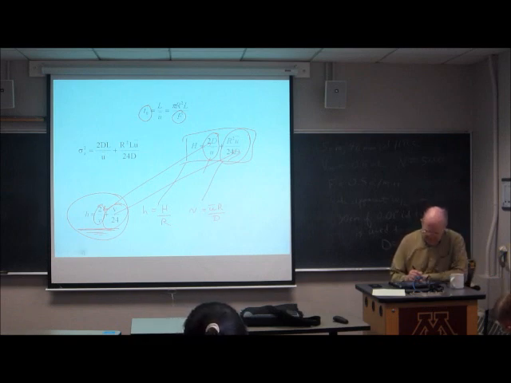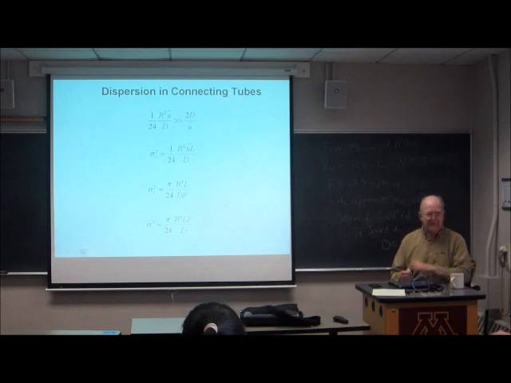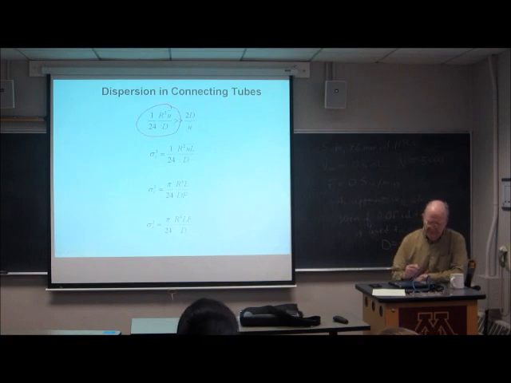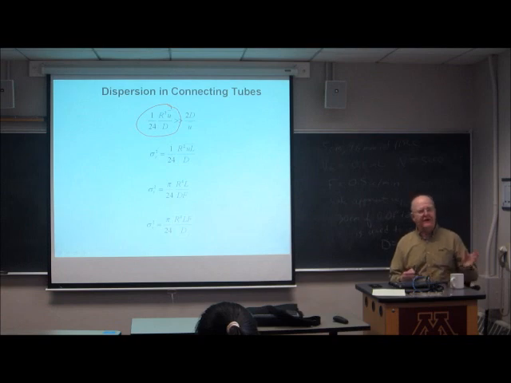Now, when we're talking about connecting tubes, 99.99999% of the time, this is going to be true: that the second term is going to be way bigger than the first term. So when we're talking about connecting tubes, let's forget about the first term.